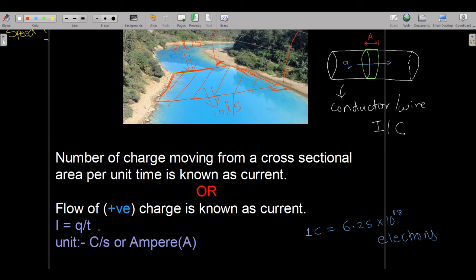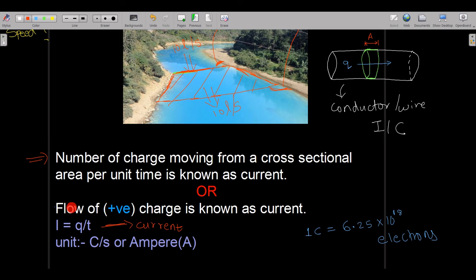So this is the formula for current, or I will say the magnitude of current. That means the number of charge passing through that particular area, divided by T. The actual definition of current is this: the number of charge moving through a cross-sectional area per unit time is known as current.